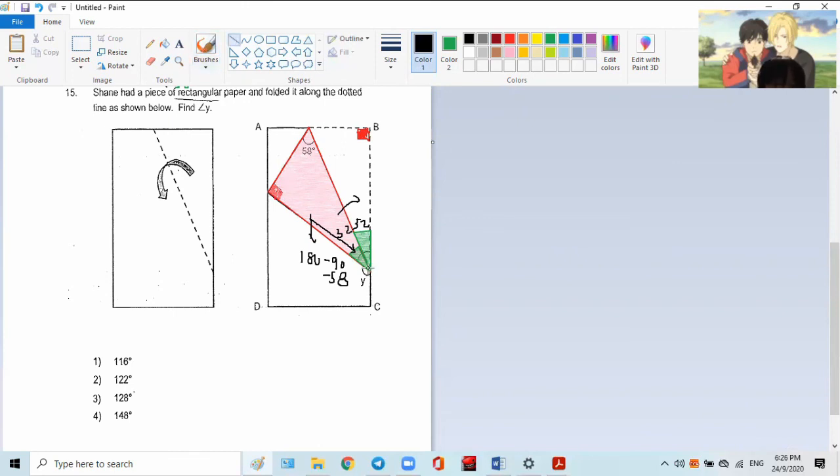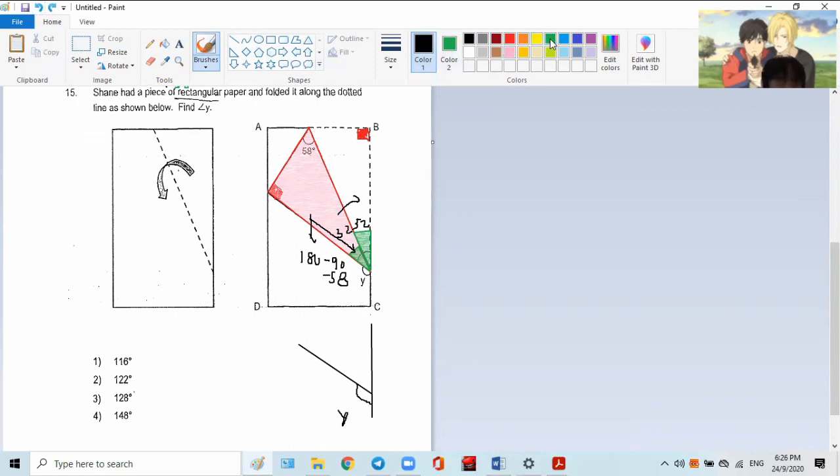So they're asking you for y here. You know what the y is? The y is this angle here. If I redraw for you, the y is like that. What do you have? You have 32 plus 32 here, which is 64. Do you know why?